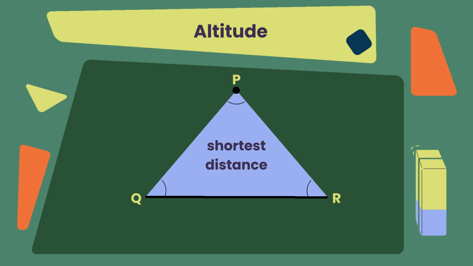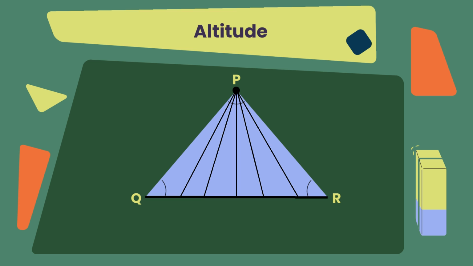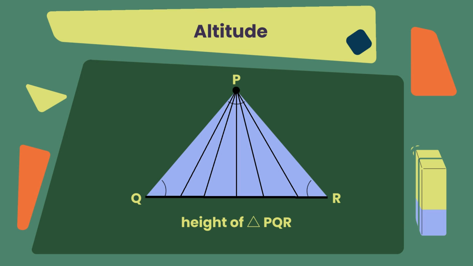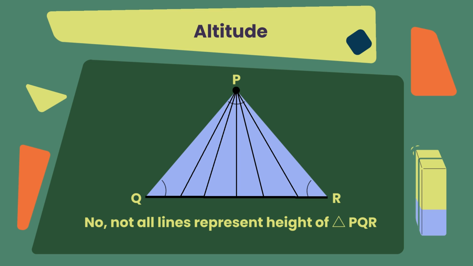To find this distance, we can make line segments in different ways. But do you think all these lines give us the correct information about the distance between the vertex P and its opposite side QR, or say the height of this triangle? Think about it. No, not all of them give us the correct information.